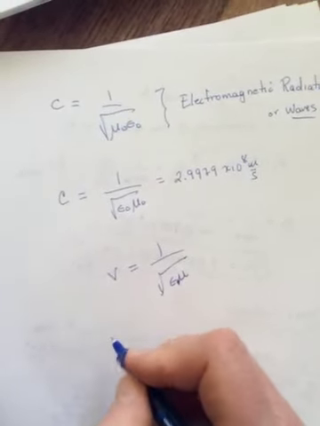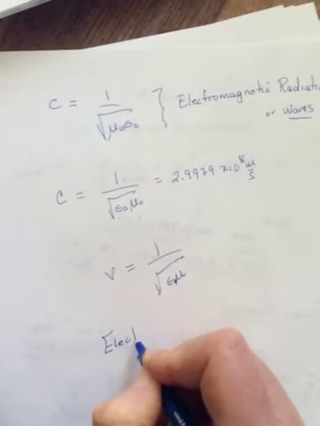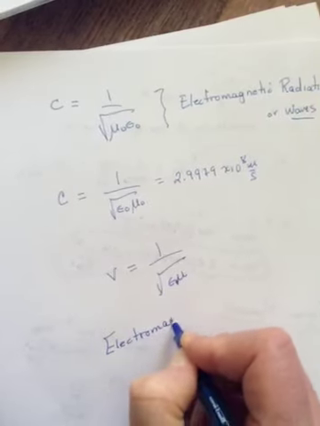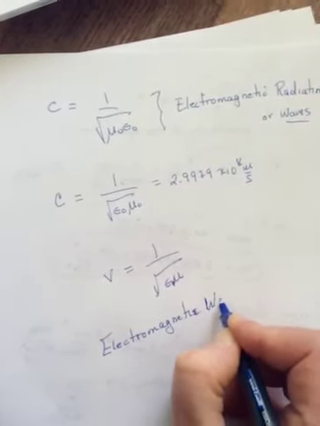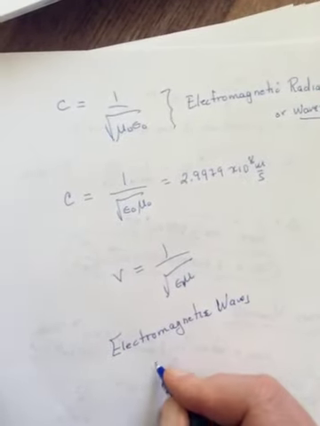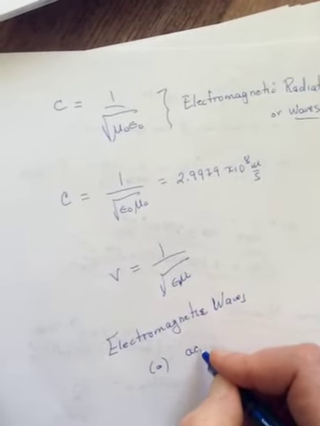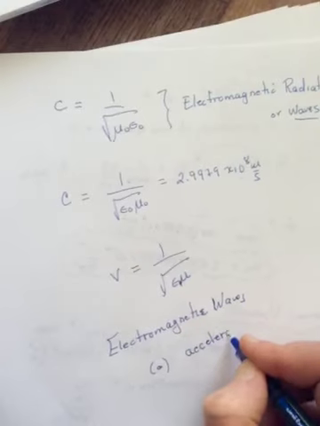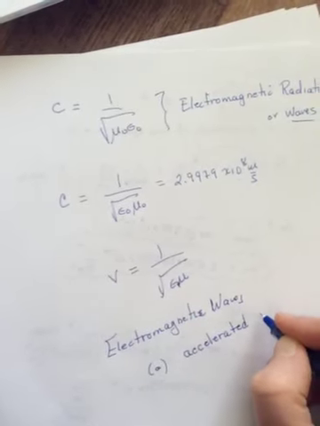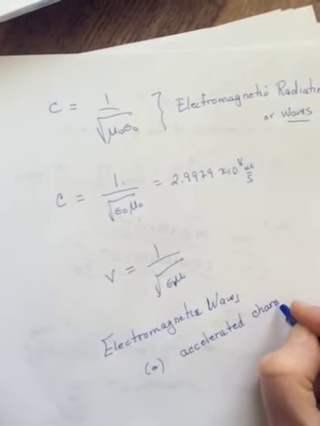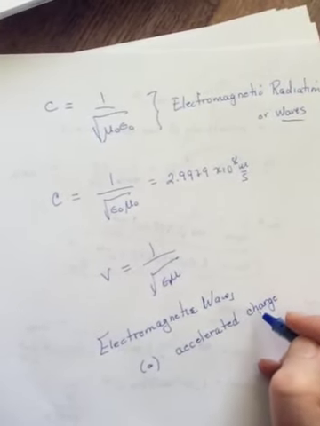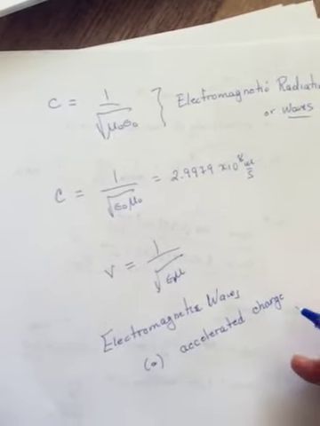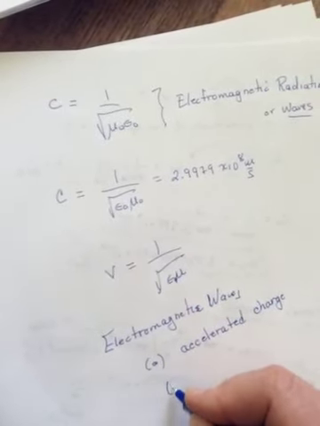What do you need then to get electromagnetic waves? You need one of two things. You either need an accelerated charge, because if you have a charge, it has an electric field around it, and if it's being accelerated, then you have a changing electric field, and that will create a magnetic field.